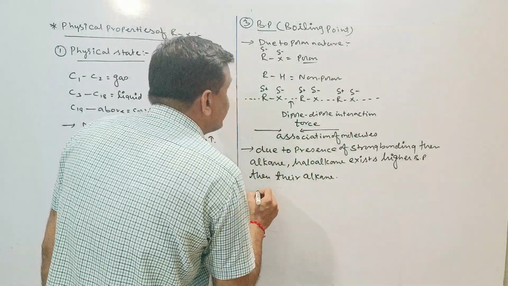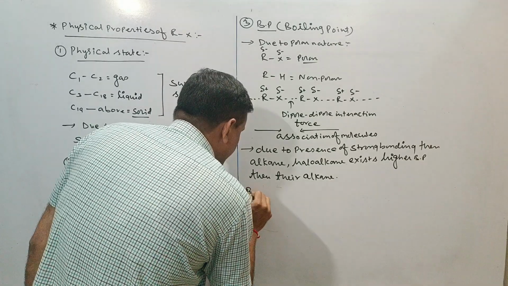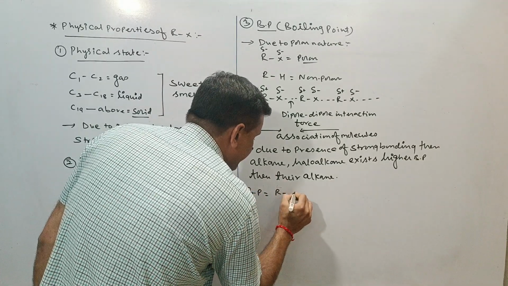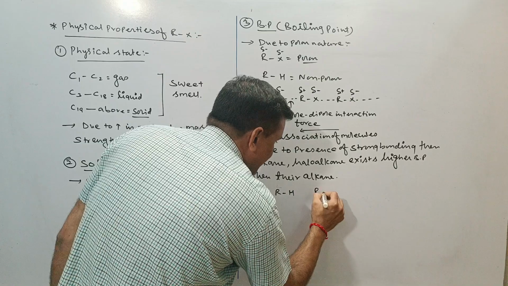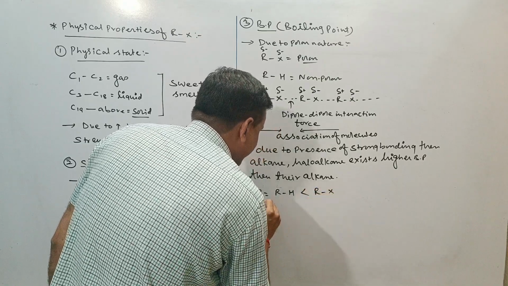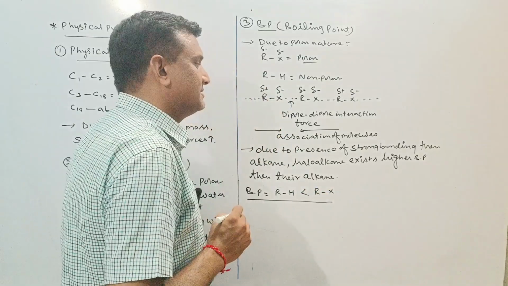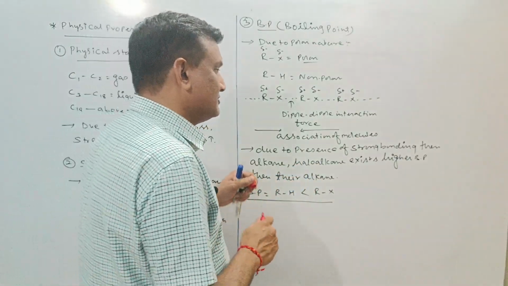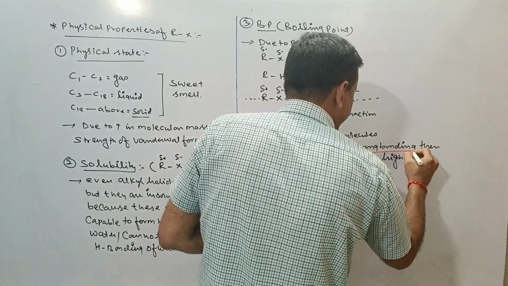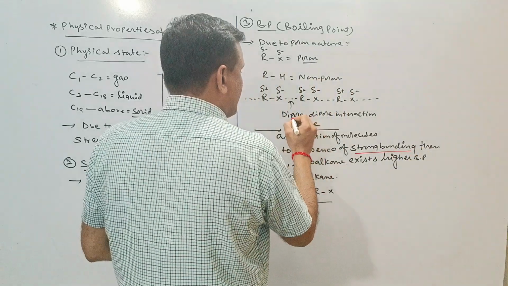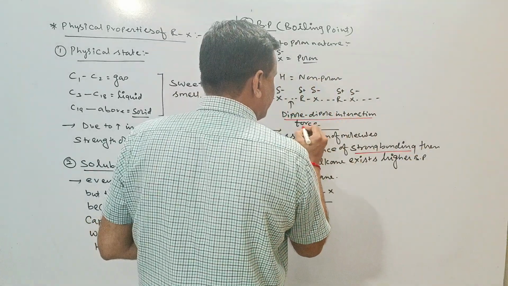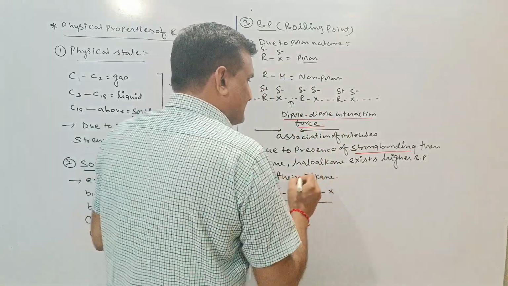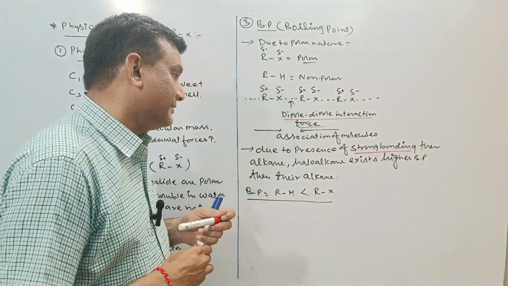So this is the sequence of BP. This is for alkane and this is for haloalkane. These have a high value of BP. This is the first question. The reason is in front of you. Strong bonding, and the name of the strong bonding is dipole-dipole interaction force. That's why these have a high value of boiling point.